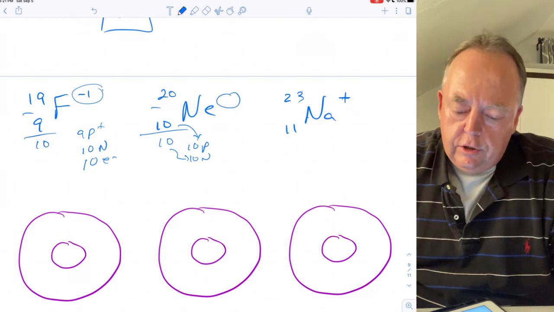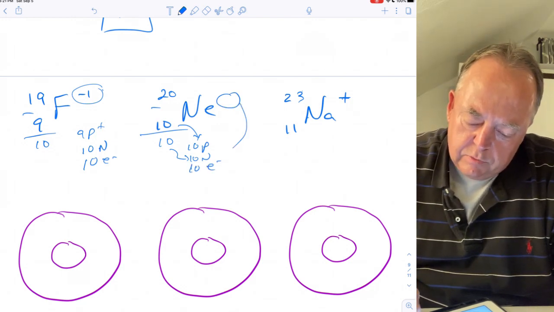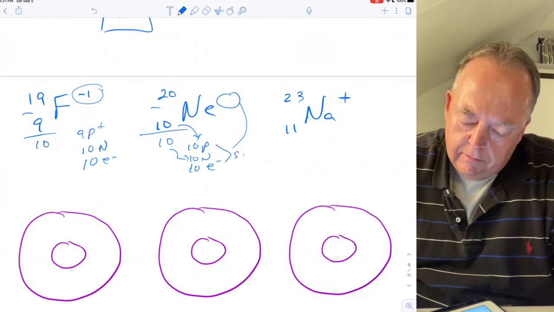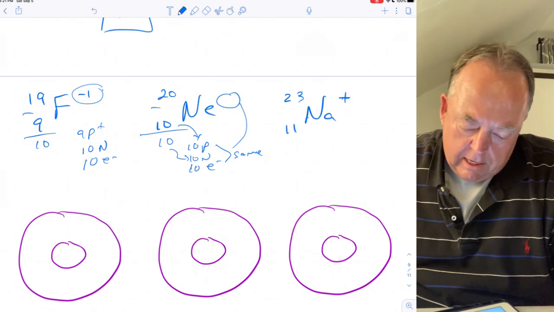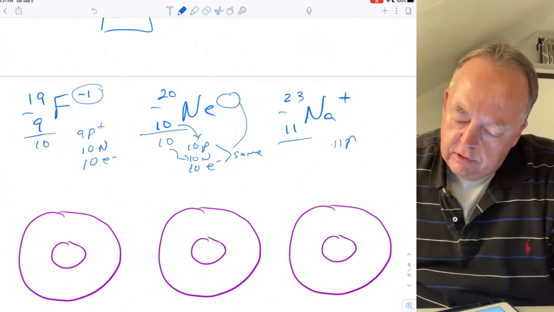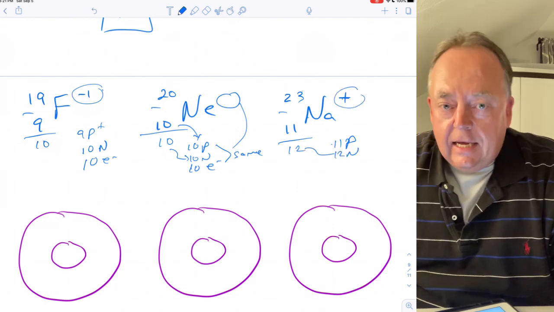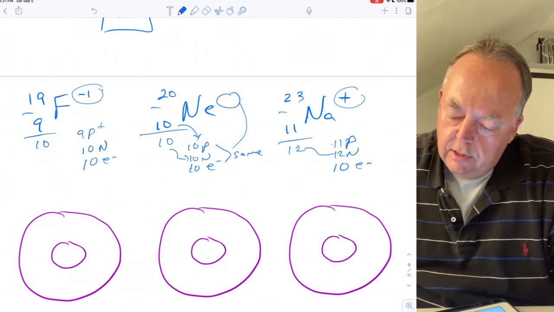It has no charge, so it's got to have the same number of electrons as it has protons, right? Those have to be the same. And in this one, 11 protons, 12 neutrons. It's got a positive charge, so it's got to have 1 more proton than electron.